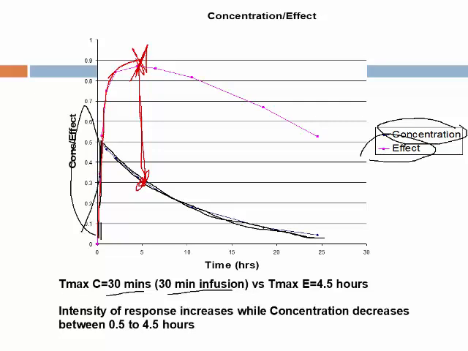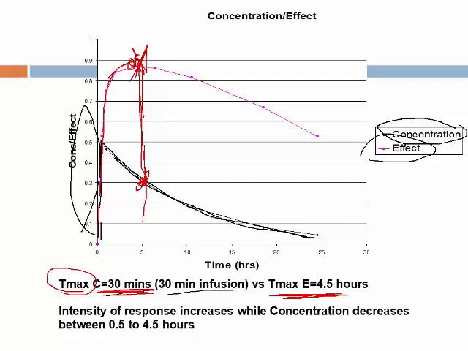So our Tmax for our concentration is at 30 minutes here, whereas our Emax for the effect is, well, it says 4.5 hours. I'm looking at about 5, but this was modeled, so I'm sure 4.5 hours is right.